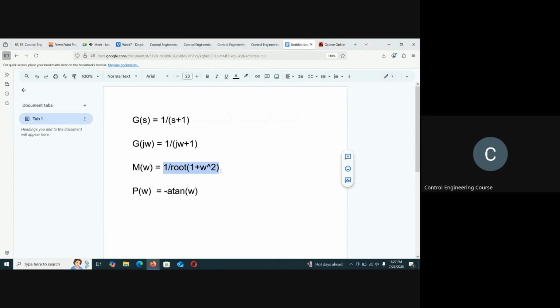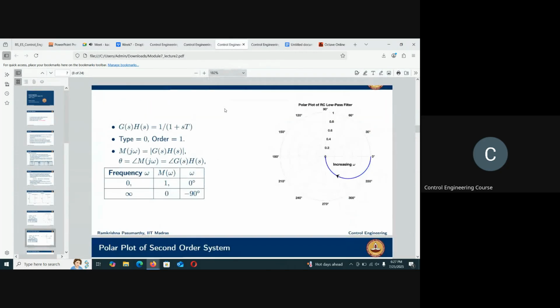Whereas the phase tends to minus 90. When omega equal to 0, tan inverse 0 is 0. But as omega tends to infinity, it becomes tan inverse infinity, which is 90. Minus of that is minus 90. That's what is happening here. Got it?